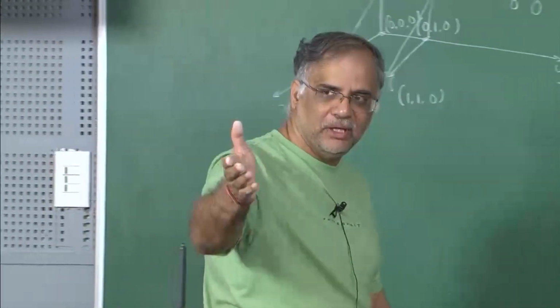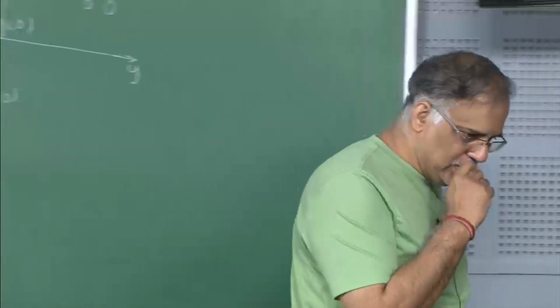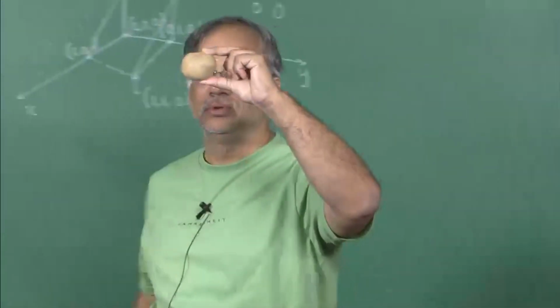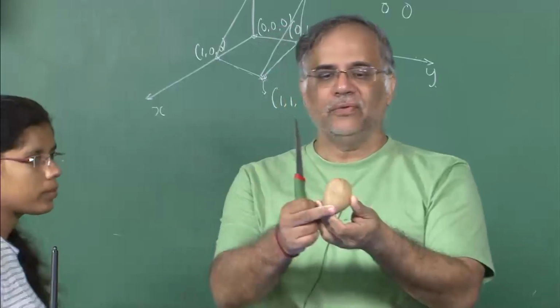My TA will demonstrate by cutting a potato that this is exactly what we are going to do. So, here is the potato, and I want to find the volume of this potato.